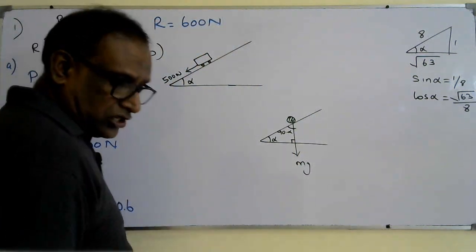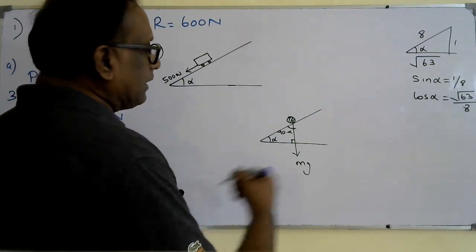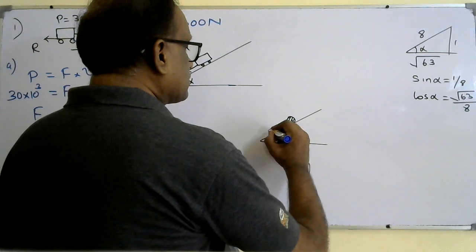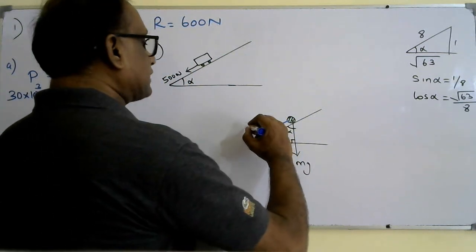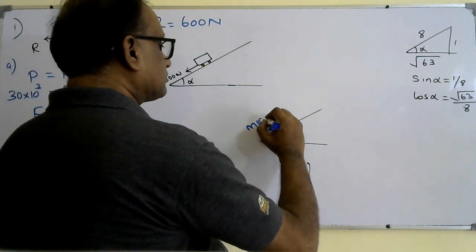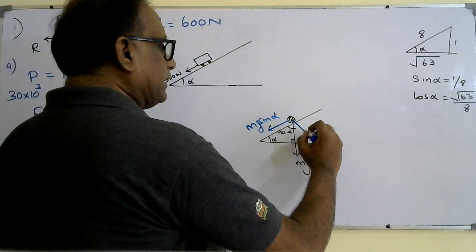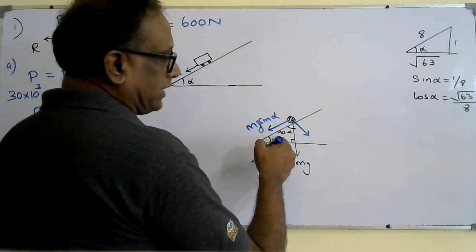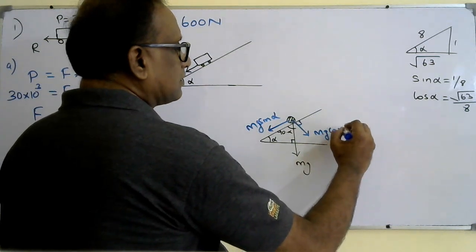If I resolve the weight, the component along the slope down will be mg cos(90 minus alpha), which is mg sin alpha. The component of the weight perpendicular to the slope will be mg sin(90 minus alpha), which means mg cos alpha.